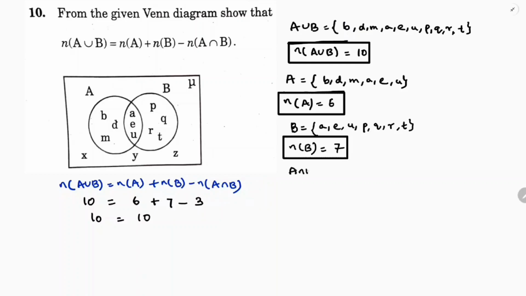Next, A intersection B: only the common elements here, A, E, U. So the number of elements in A intersection B is 3.